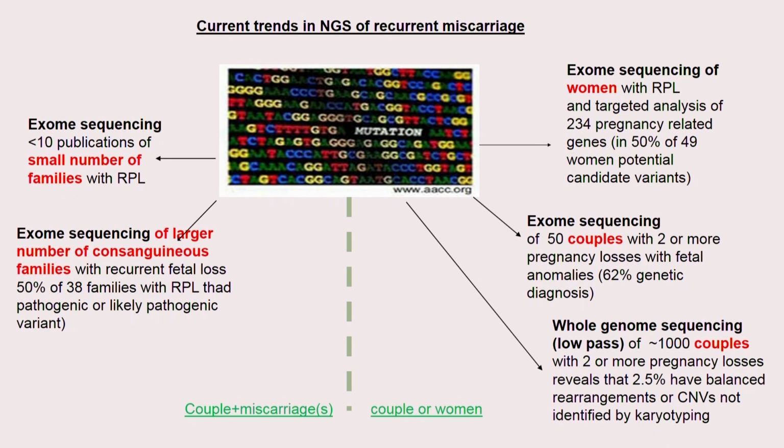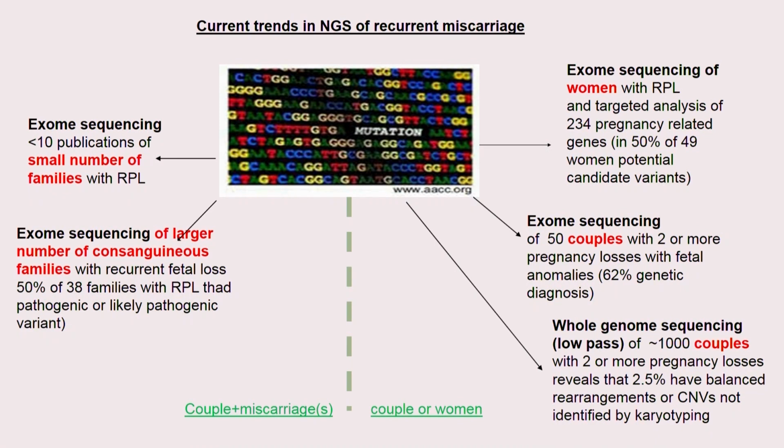And the most recent approach, just presented at the American Society of Human Genetics meeting a few weeks ago in San Diego, was to use whole genome sequencing, so-called low-pass or low number of reads type of whole genome sequencing, on close to 1,000 couples with 2 or more pregnancy losses.